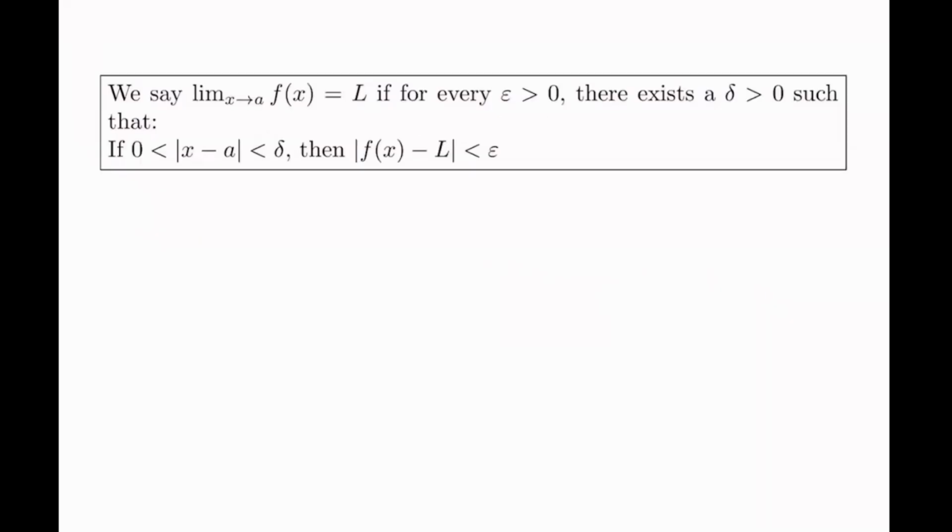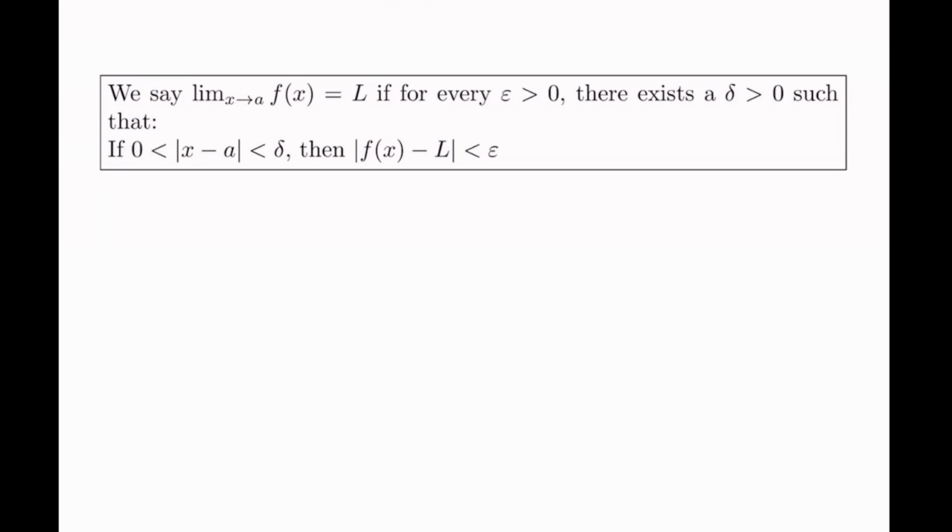We say the limit of f of x as x goes to a equals L if for every epsilon greater than 0, there exists a delta greater than 0 such that if the absolute value of x minus a is greater than 0 but smaller than delta, then the absolute value of f of x minus L is smaller than epsilon.